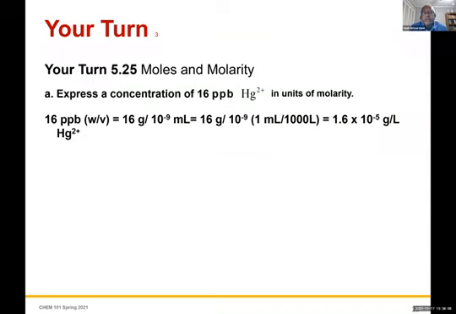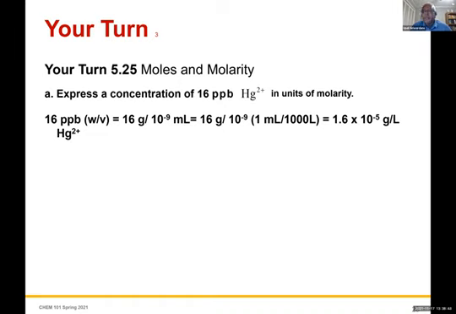Now we convert that from milliliters, 10 to the negative 9 milliliters, to liters. Okay, that is given in milliliters. So we come up with 1.6 x 10 to the negative 5 grams per liter mercury. So that's how you get grams per liter.